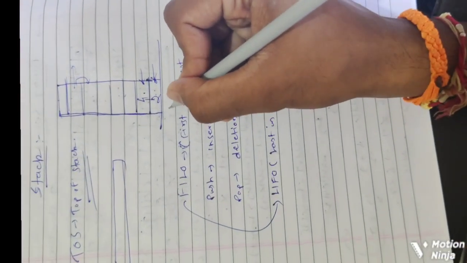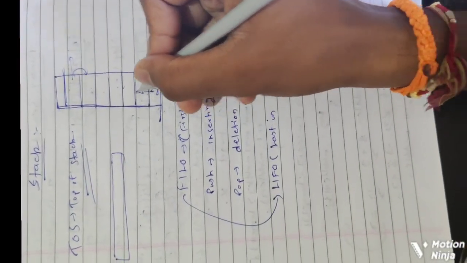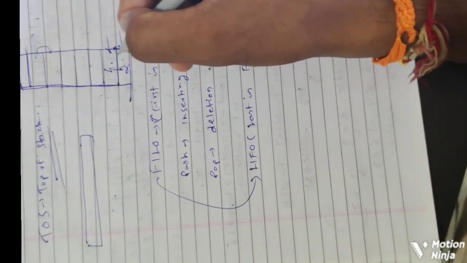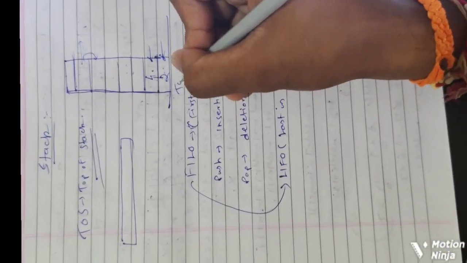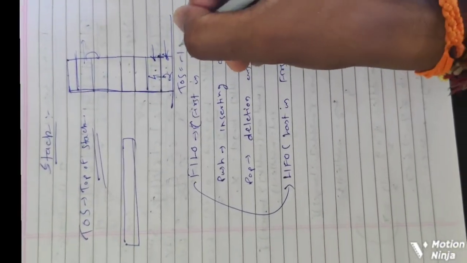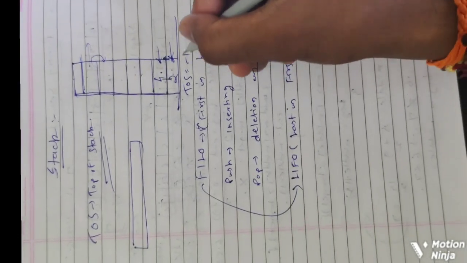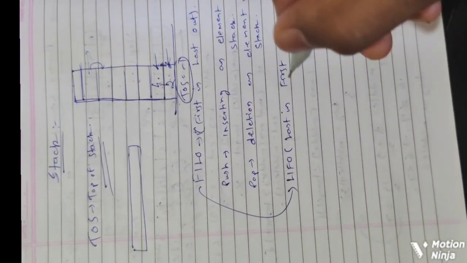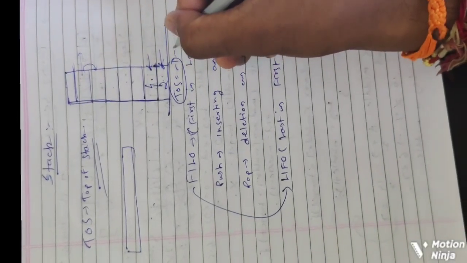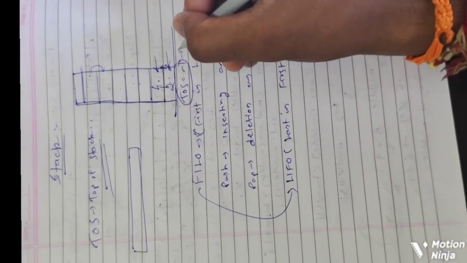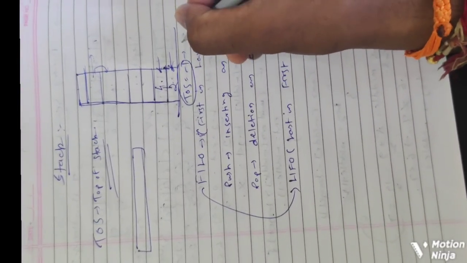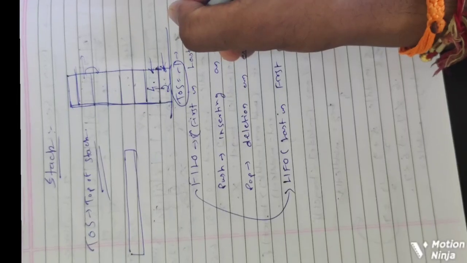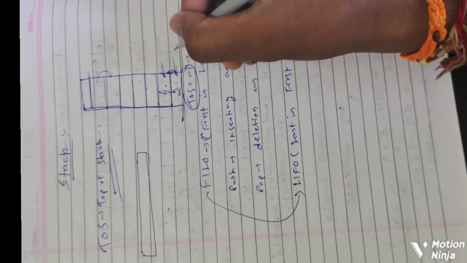Initially, when there are no elements in the stack, for example before we pushed 2 and 4, the top of the stack is set at -1. This demonstrates that the stack is empty, so TOS equal to -1 means the stack is empty.